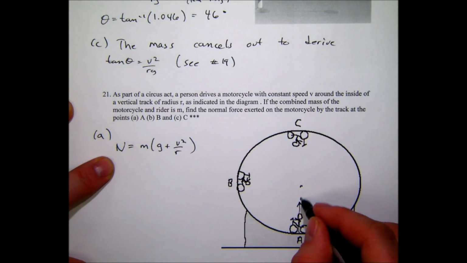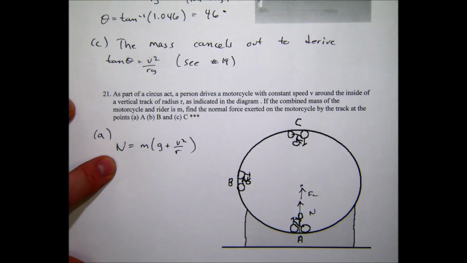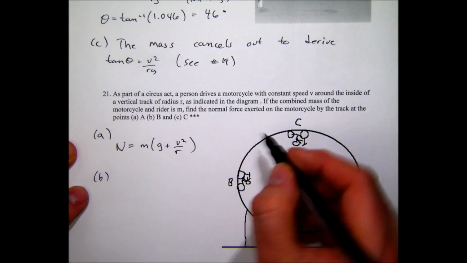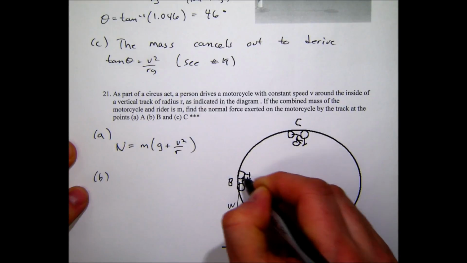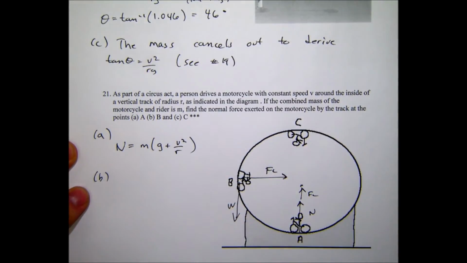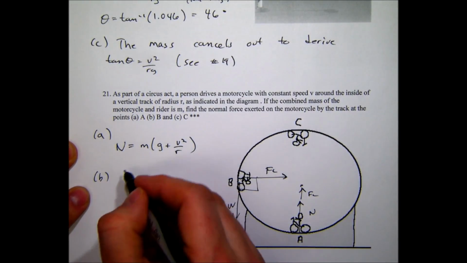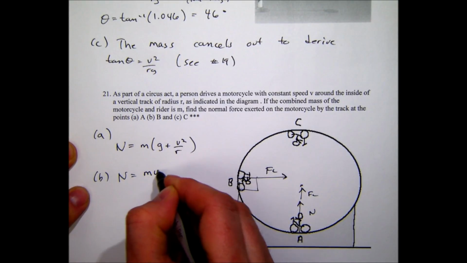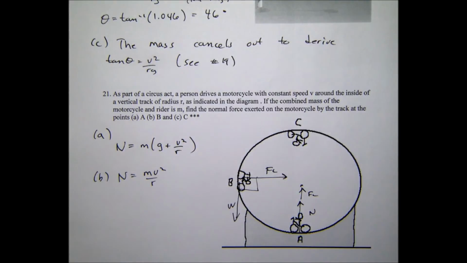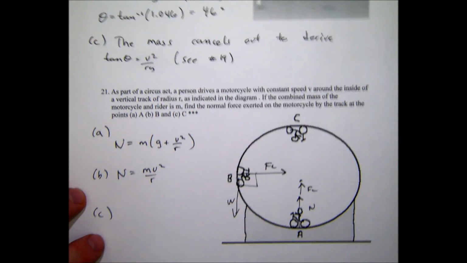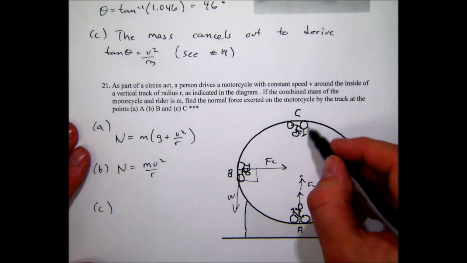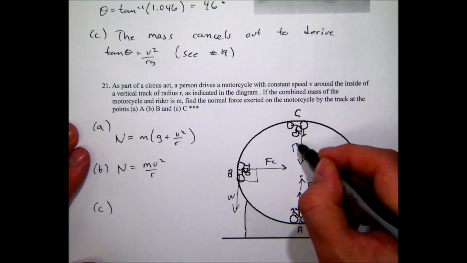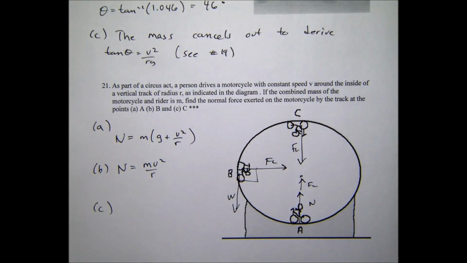We've done this already. Normal is equal to mass g plus v squared over r, because the track has to respond with its normal force plus the centripetal force above. At point B, the weight is here. FC is perpendicular to that. So at that point, the track just has to provide centripetal force only. And at part C, at the top, we need a certain value for FC.